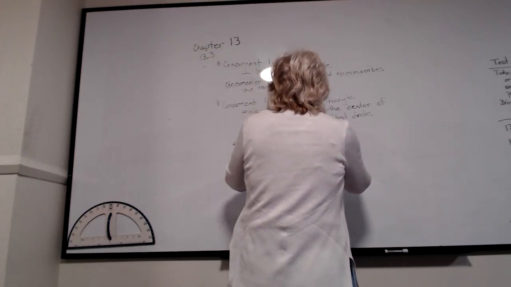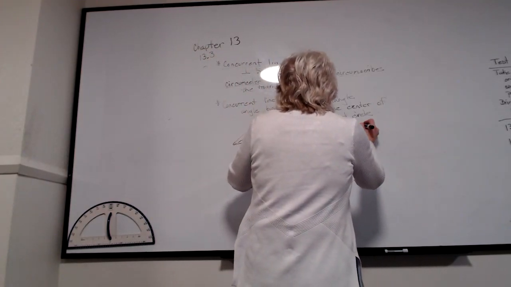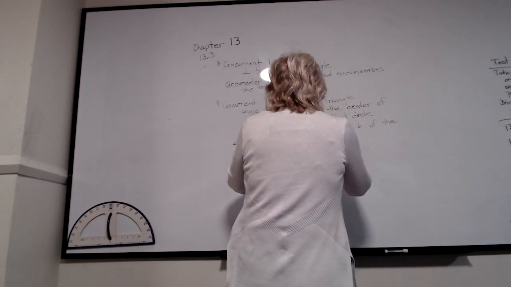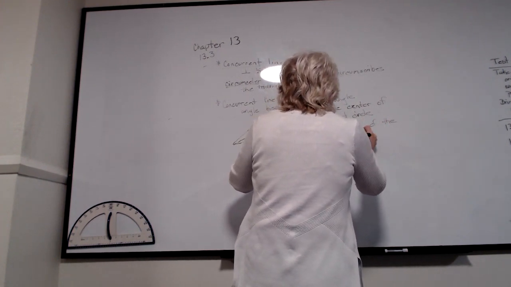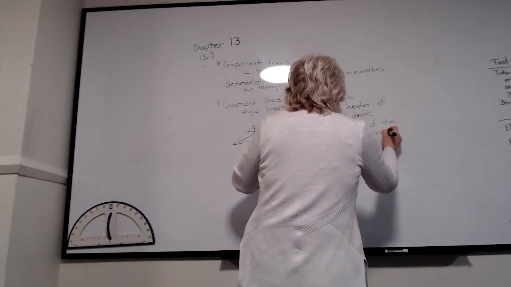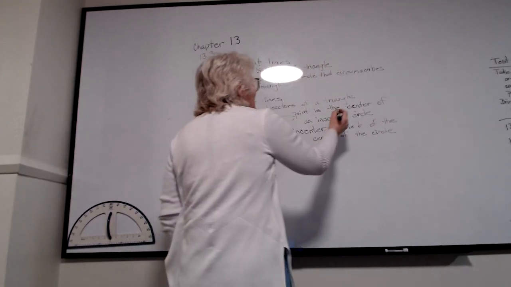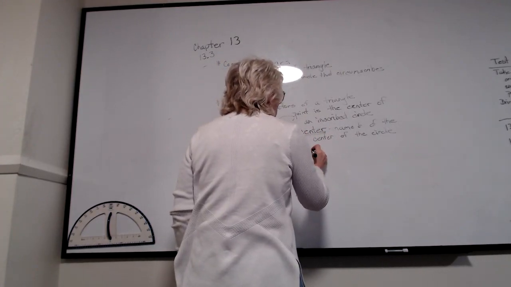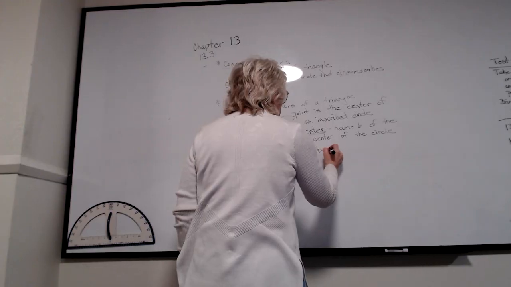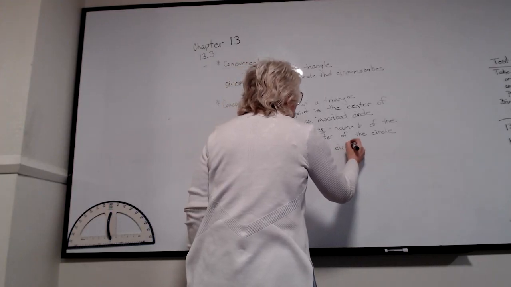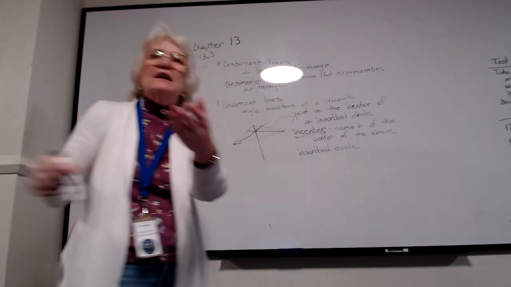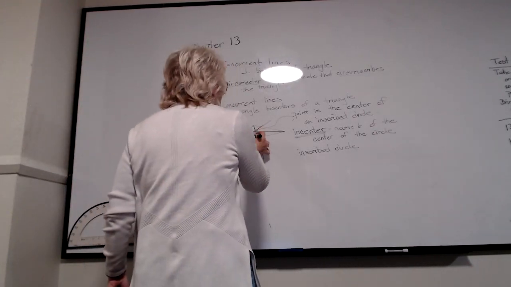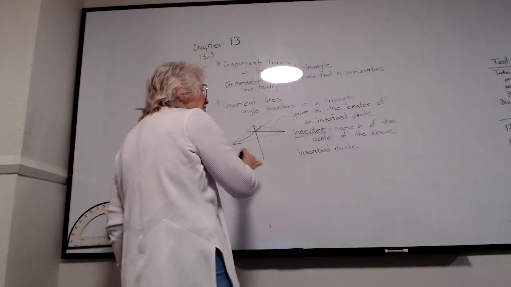So this is the name of the center of the circle. And what an inscribed circle is, it's not going around and catching all the vertices. It's inside the actual triangle.